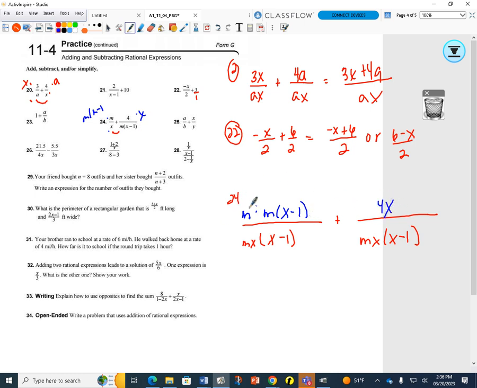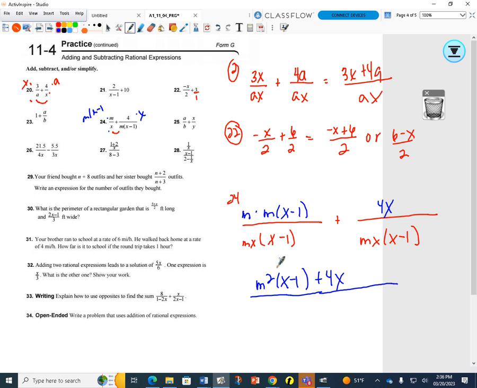I'm going to simplify, this is going to be m times m is m squared times x minus 1 all over, that's going to be plus 4x. I've got to simplify some more here.